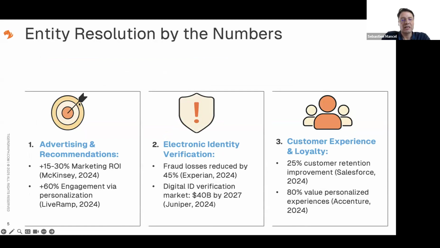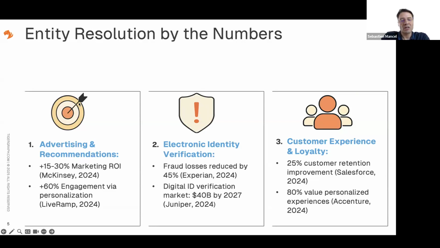According to McKinsey, companies see a 15% to 30% increase in marketing ROI when they personalize outreach based on unified data. And LiveRamp reports that engagement rates rise by over 60% when personalization is driven by accurate entity resolution. That means more relevant offers, higher conversion, and better returns on your data investment.